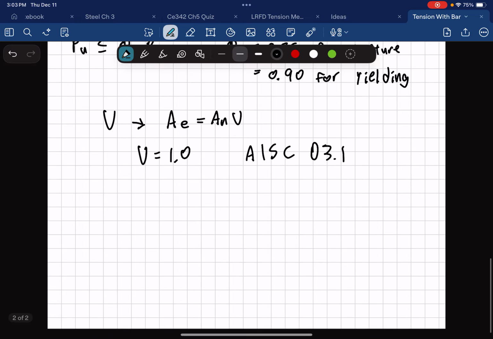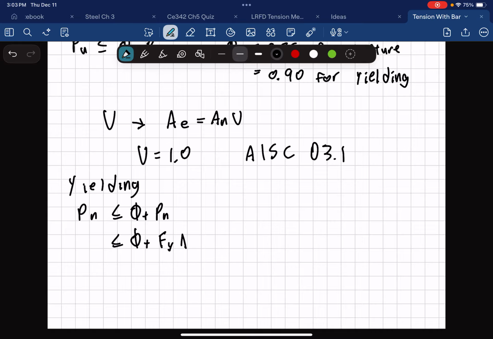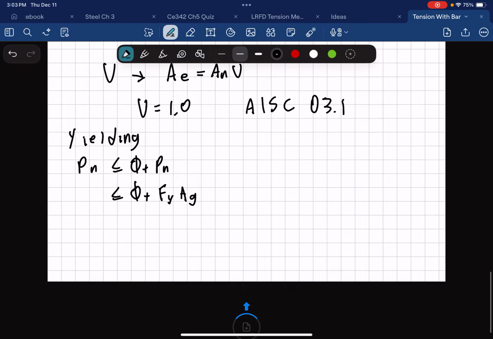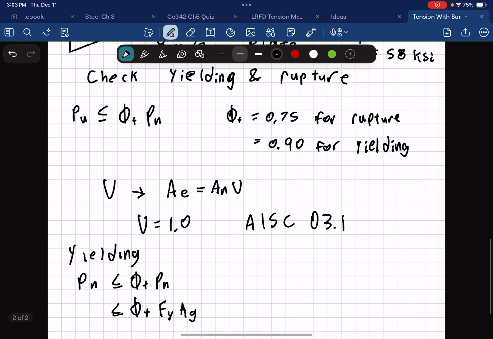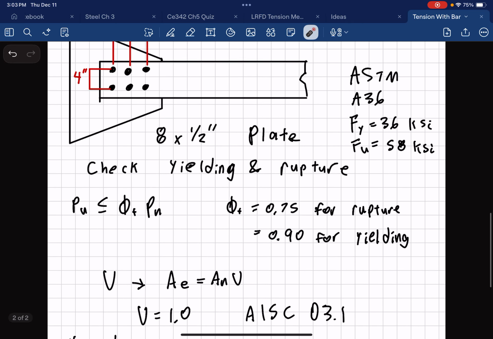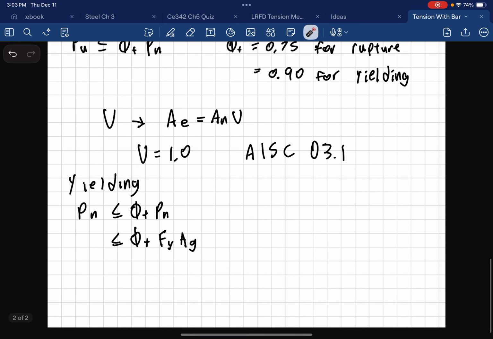So let's look at what our equations are actually going to be. Let's do yielding first. For yielding, we can look at Pu is less than or equal to phi t Pn. We can break this out to say phi t is going to be multiplied by Fy times Ag. Okay, so Fy is our yielding stress. We know that because of the material that we're using.